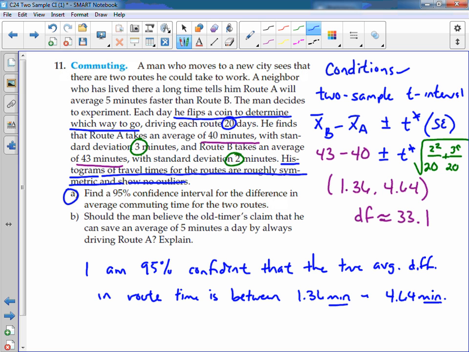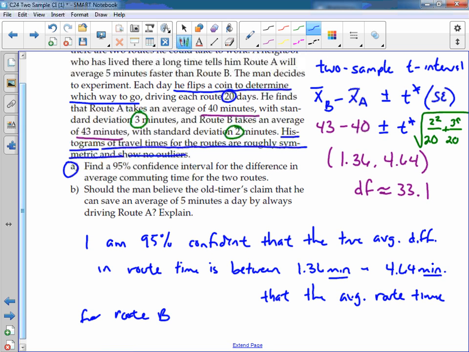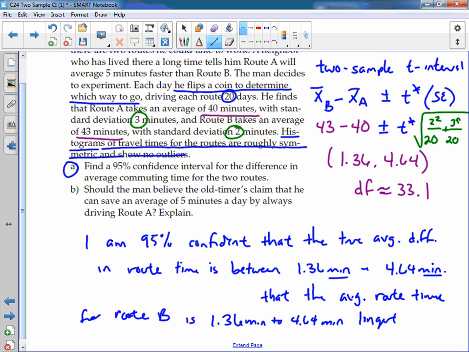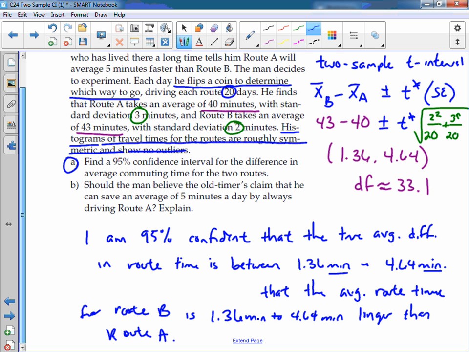Units are very important. Or I am 95% confident that the average drive time or route time for route B is 1.36 minutes to 4.64 minutes longer than route A. So you can write either way you want to compare it.